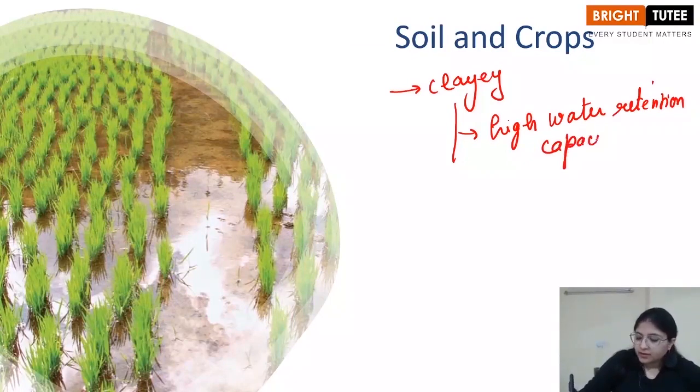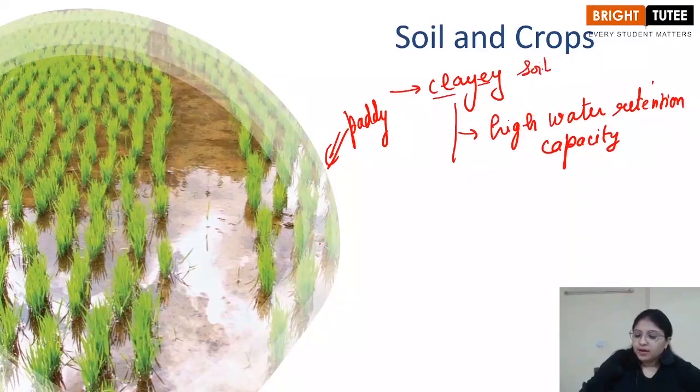As you can see in the picture also, this is the paddy farm, right? And as you can see, the farm is filled with water, right? So the clay soil helps in making the farm filled with water, so that more and more water can be utilized by this particular plant, right? This kind of condition is ideal for paddy growth.